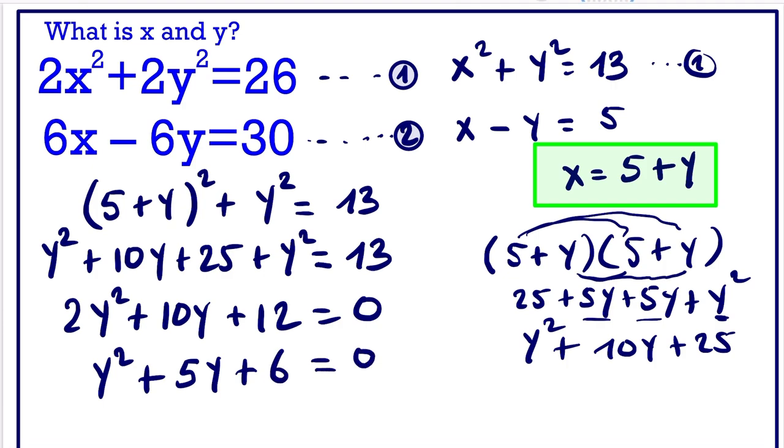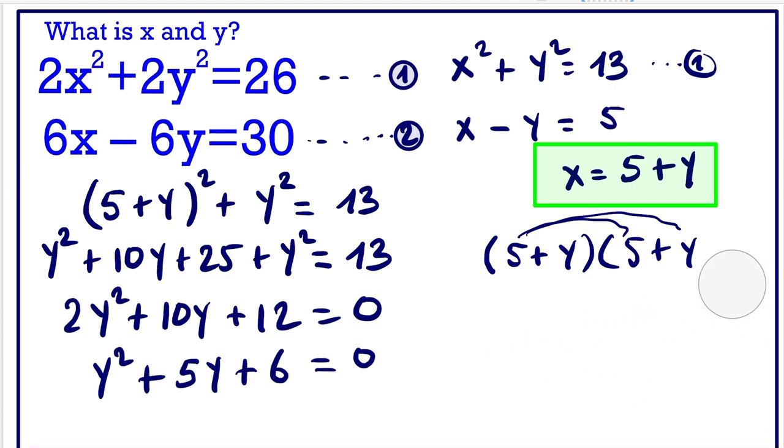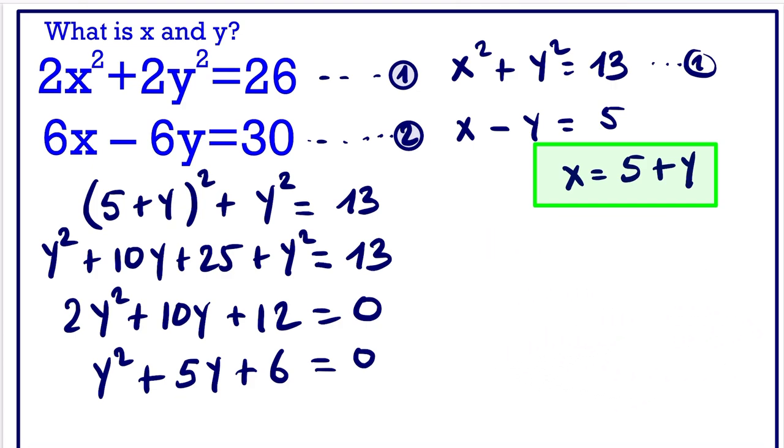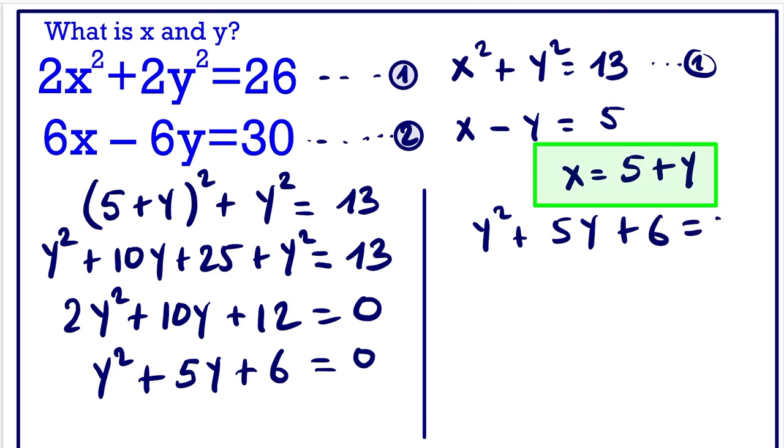Okay, so we can apply factorization. To factorize, we write this here so we can get the value of y. We have y squared plus 5y plus 6 equals 0. Put brackets so that we can factor out. Since we have y squared, we can represent it in the brackets as y and y equals 0.